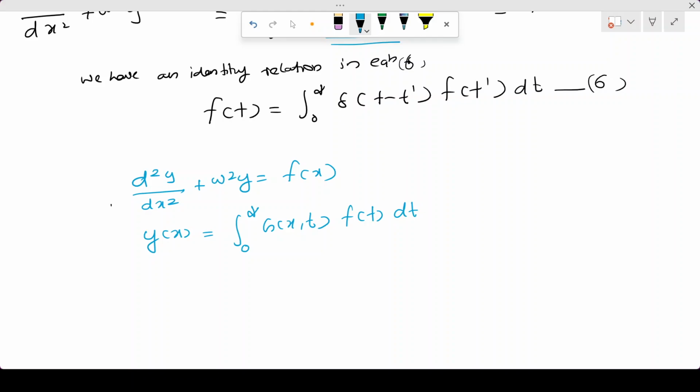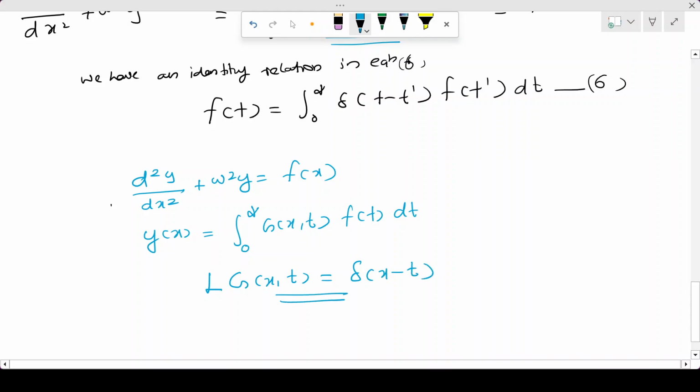And we have also seen one particular property of a Green's function, that if a linear differential operator, which is also called a self-adjoint Hermitian operator, is operating on a Green's function, the corresponding result will be an impulse function, that is a Dirac delta function.